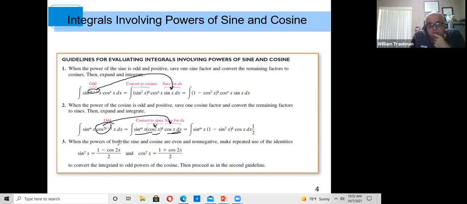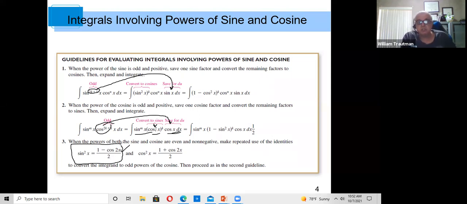And this is that trig rule or identity, where they converted sine squared x when they integrated on that last test to 1 minus cosine 2x. So this is what they used.